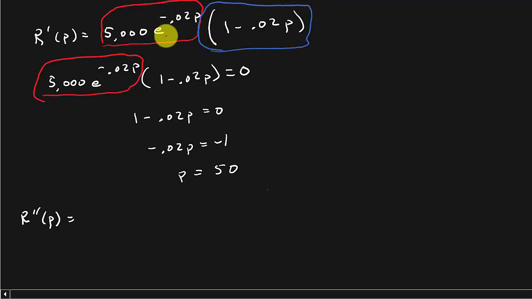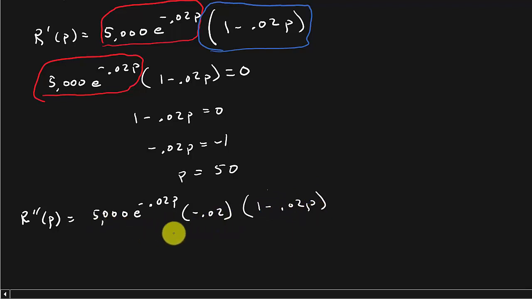The derivative of the first, so that's 5,000 e to the negative 0.02p times the derivative of the exponent, times the second function, plus the derivative of the second function, which is negative 0.02 times the first function. And that's going to be 5,000 e to the negative 0.02p.